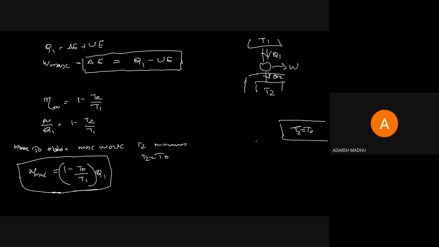It is to obtain the value of available energy and unavailable energy, which we can complete in your next class. The W max value is not what we need.